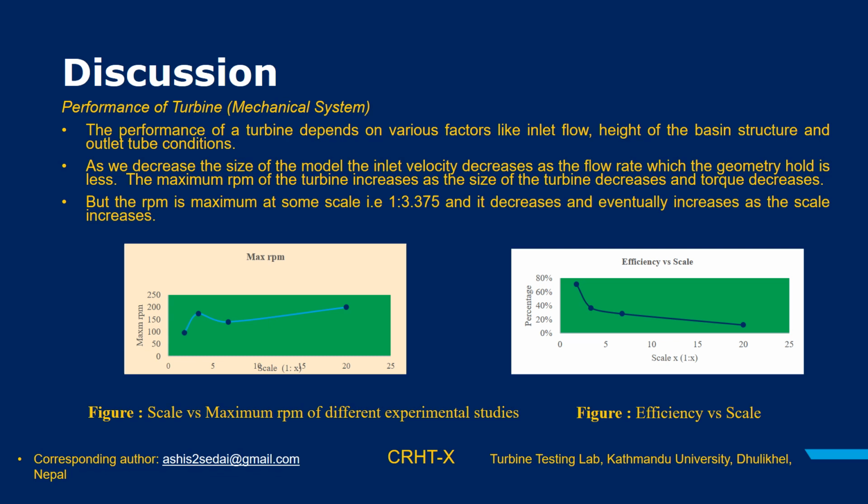So the change in the RPM is somewhat unpredictable as we scale down the model. This is the general finding of the experiment that we performed, based on the performance of the turbine.